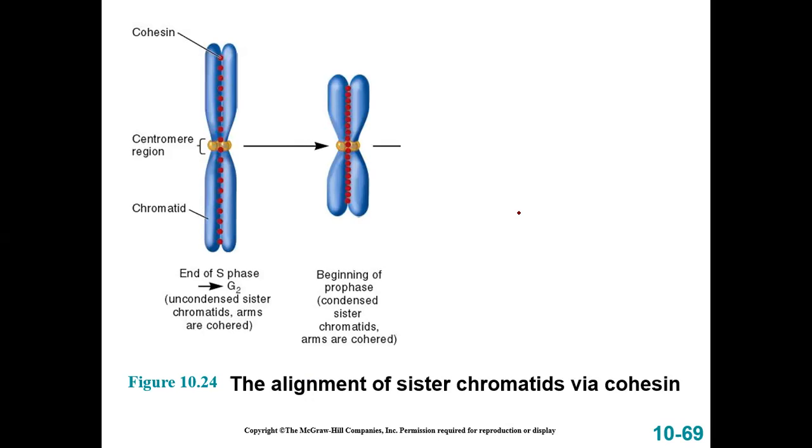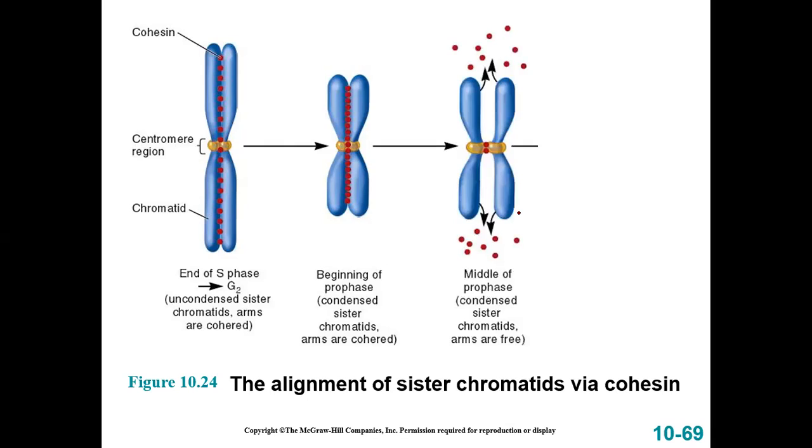At the first stage in G2, you can see uncondensed sister chromatid arms are cohered, and when they are cohered further in the prophase, more cohesin molecules are attached, and it makes a more condensed structure.